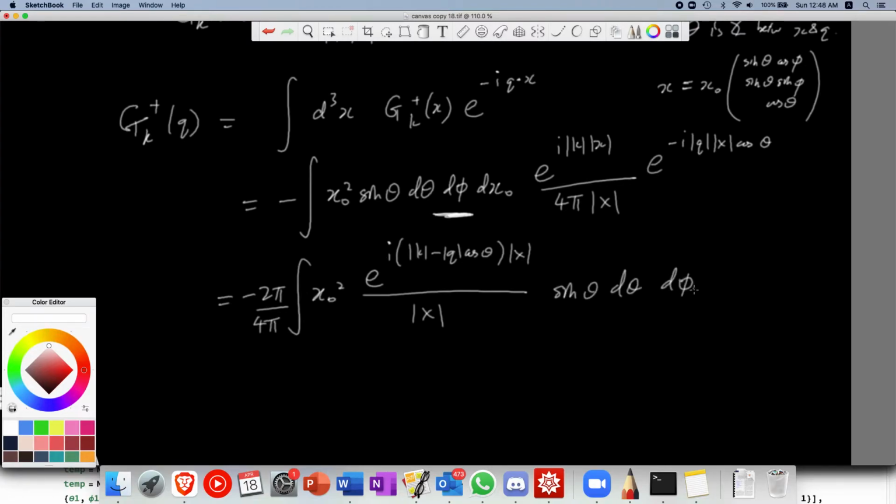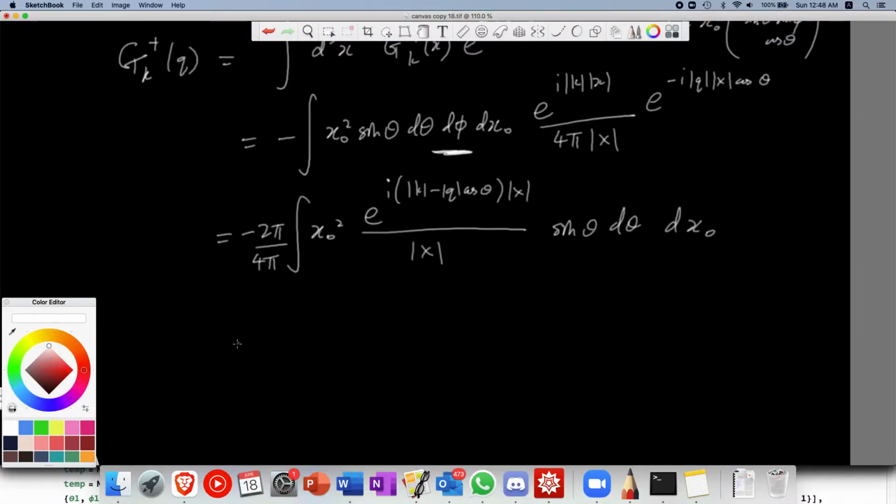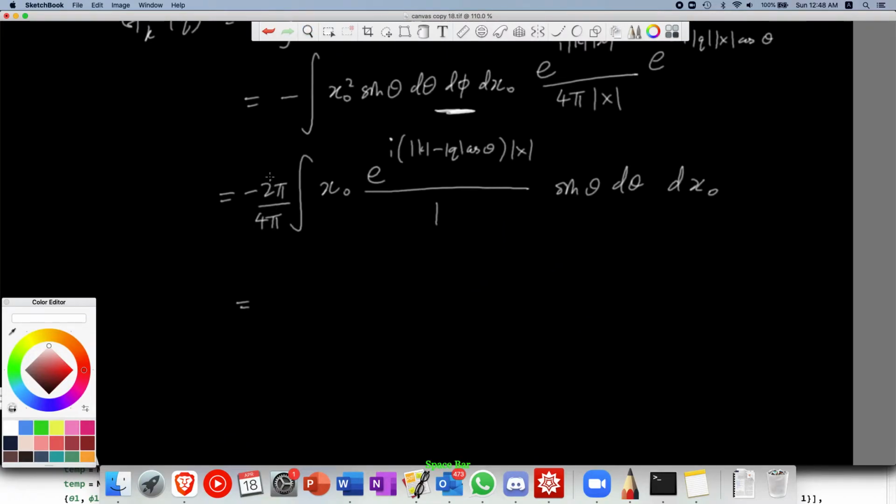No, sorry, we don't have d phi anymore because that just gave us 2 pi. So we have this equation. Magnitude of x is just x naught, so this x cancels, so x naught, and then the denominator cancels. Then on this one we just have minus 1 over 2. Then we have integral of x naught, and let's do the d theta integral now.